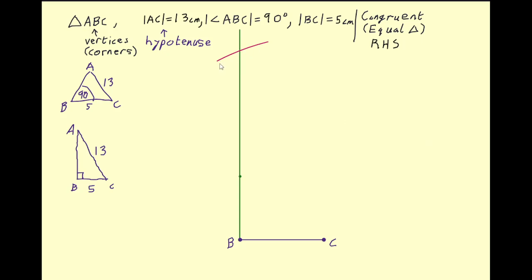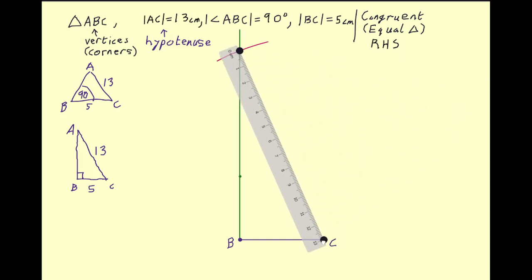It has to be 13 centimeters away from the point C, and I know it has to be perpendicularly away from BC through B. So A has to be the crossing of those 2 points. It has to be true for both of those things, so A has to be up there. So now I'm going to draw in my line that connects up to that arc.